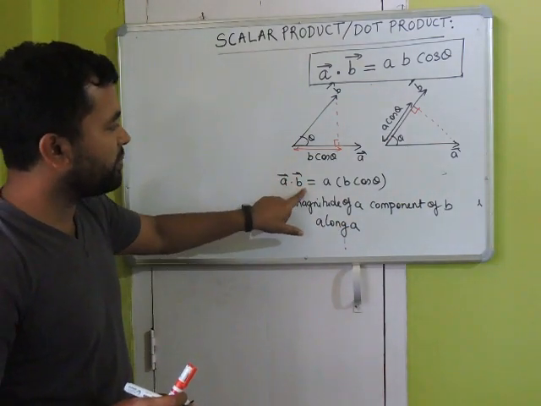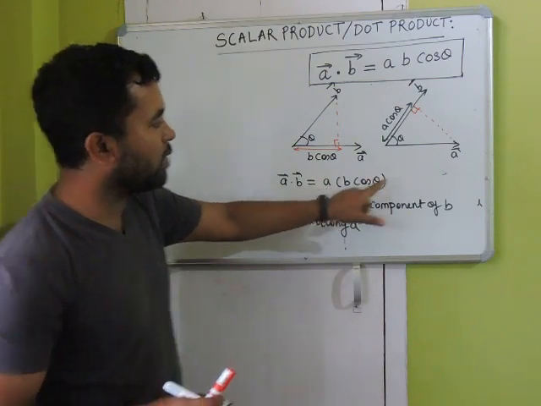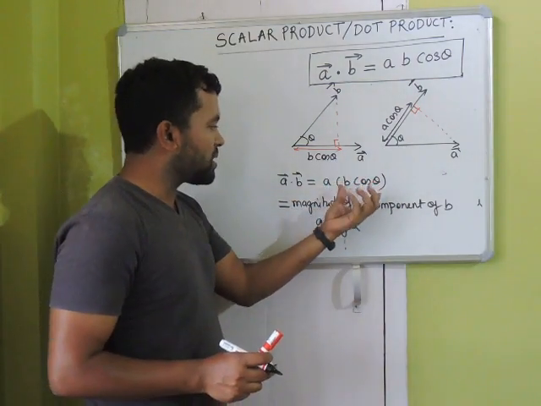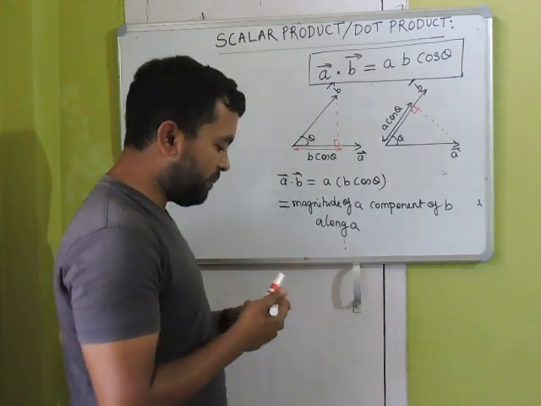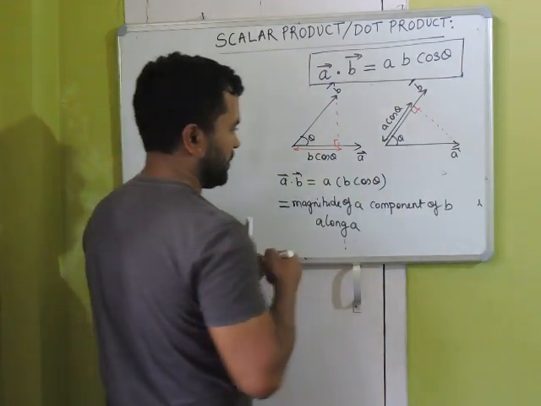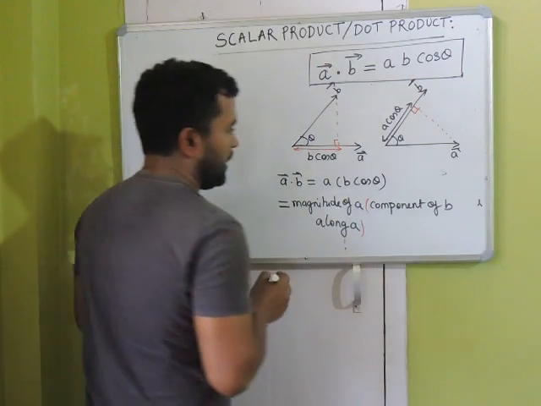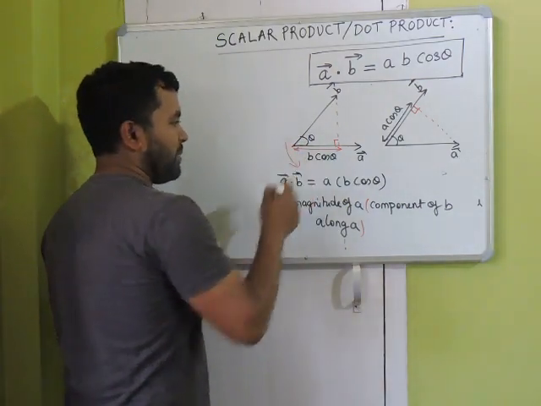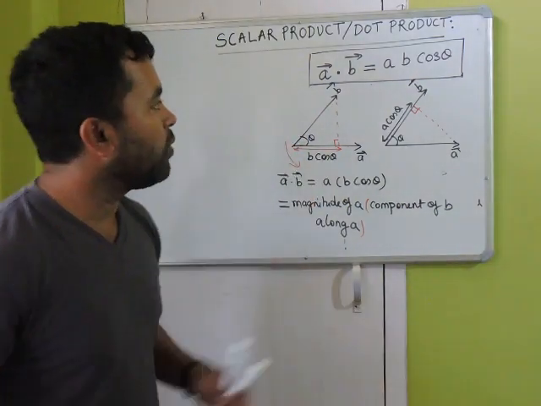So A dot B is nothing but AB cos theta, and B cos theta is nothing but the component of B along A. Now this is the explanation for this. Now what about that one?